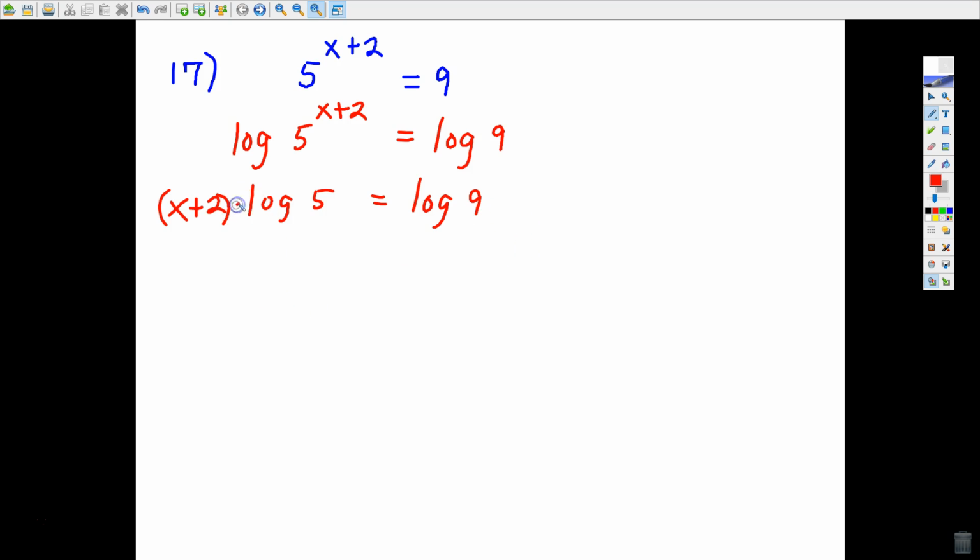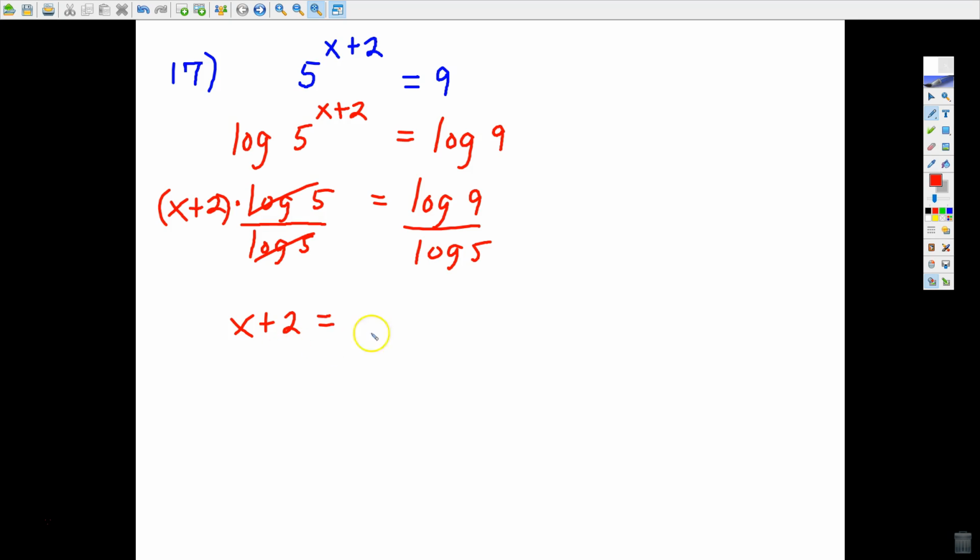Okay, since this is multiplication and I'm trying to solve for x, I'm going to undo multiplication of log 5 with division by log 5. And so that's going to leave me with x + 2 on the left, and I'm going to grab my calculator and hit the log button and put in 9, and then divide by log again and put in 5.